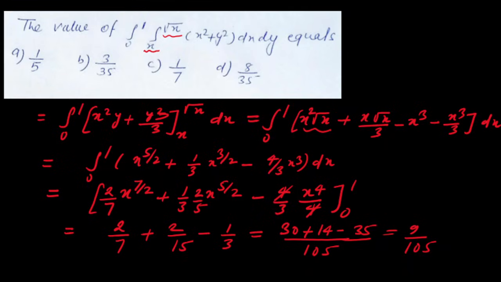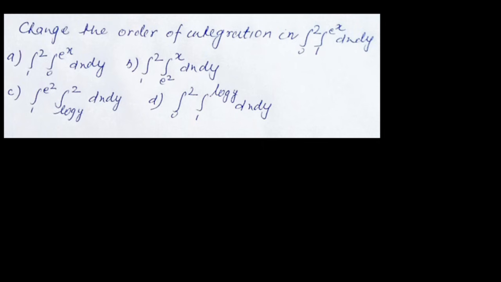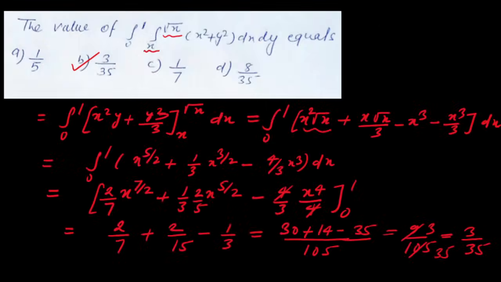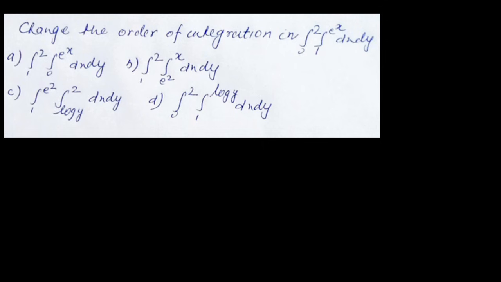Do we have such an option? No, but we can cancel it, so I will get 3 by 35. So the option here is 3 by 35. In this kind of question, being very precise in computation is important, so that is why you need to be careful. Now the next question is again change the order of integration.